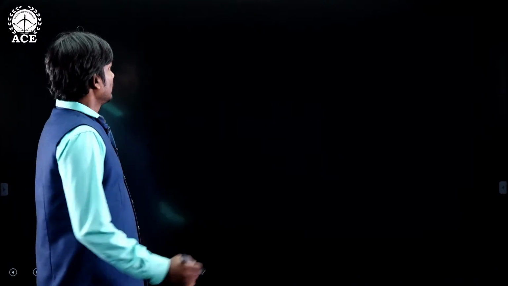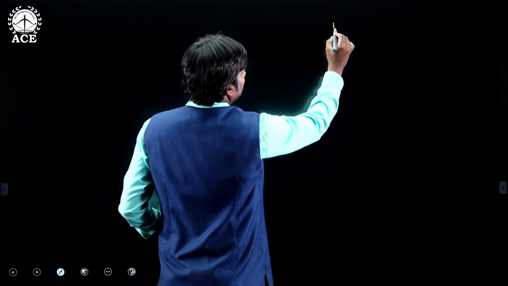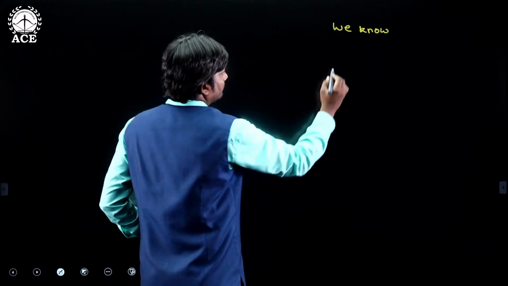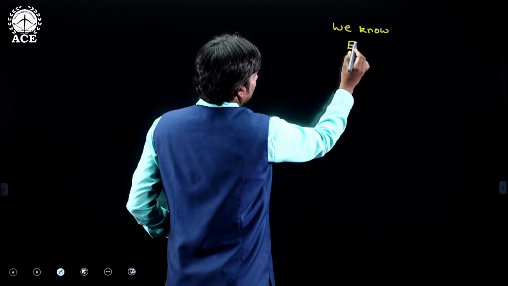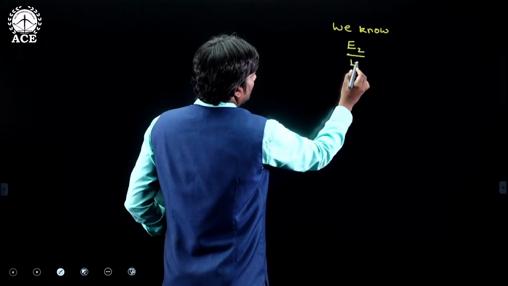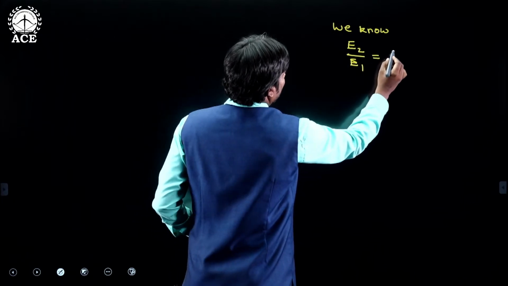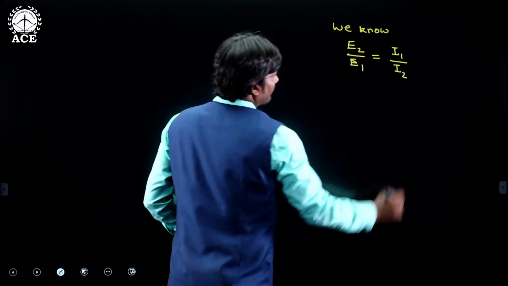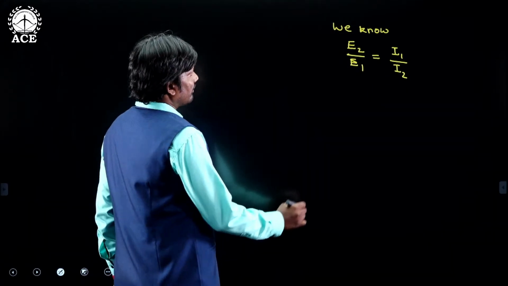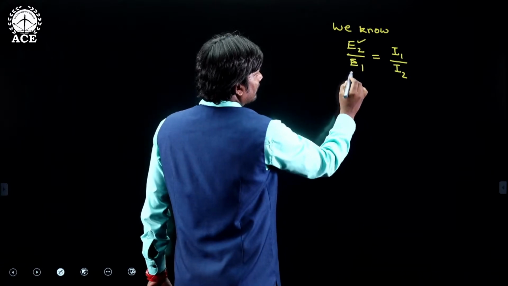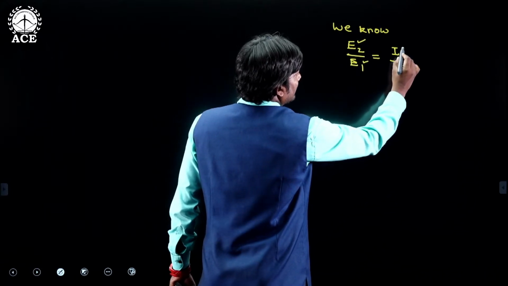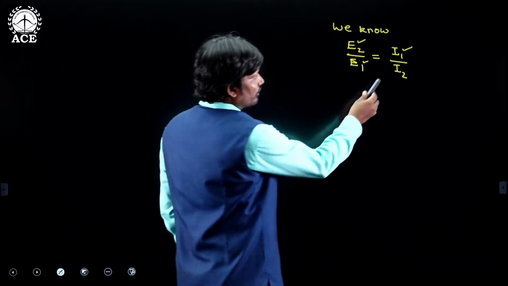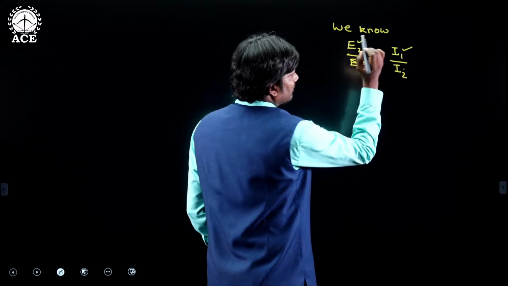Now we know again, E2 by E1 is equal to I1 by I2. This one is given, this one is given, this one is given, and this one is also given. Our aim is to calculate the secondary current which is flowing through the secondary winding of a transformer, this one.